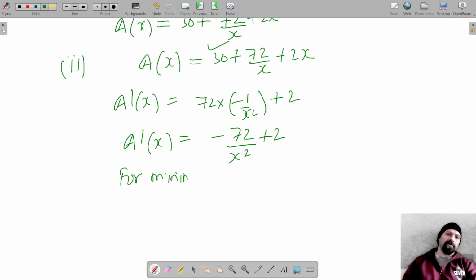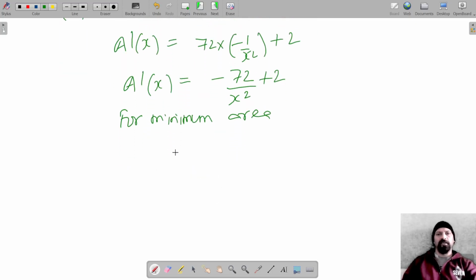For minimum area, A dash x should be equal to 0. So negative 72 by x squared is equal to negative 2.